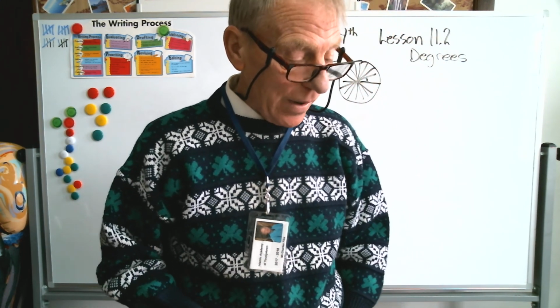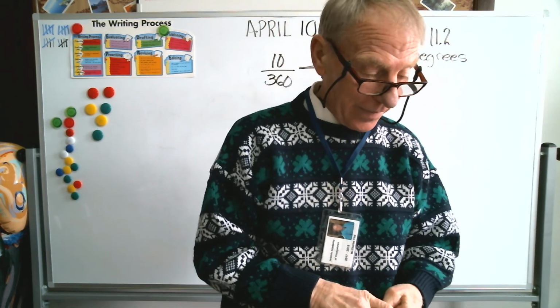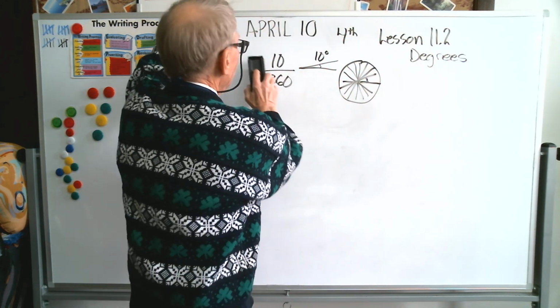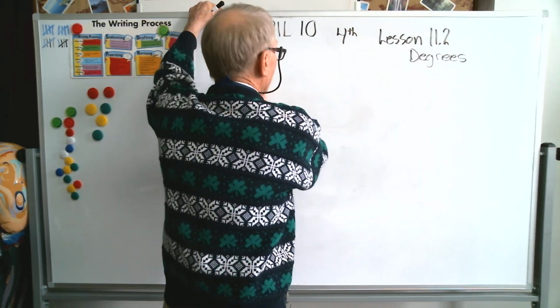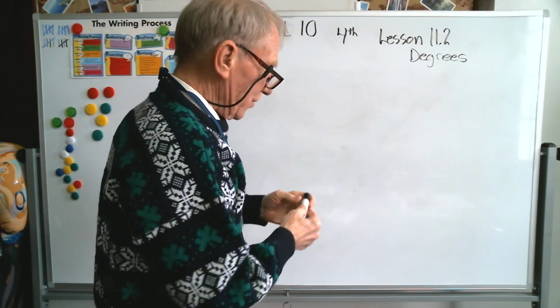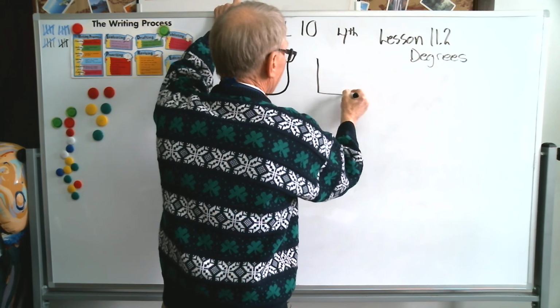On page 608, there you see the right angle. And you see the little symbol that always appears on a right angle. So here's your right angle.